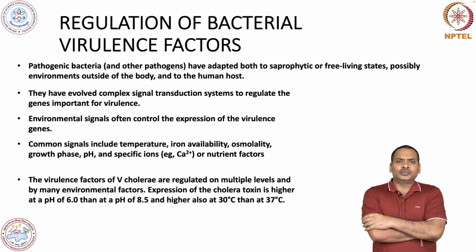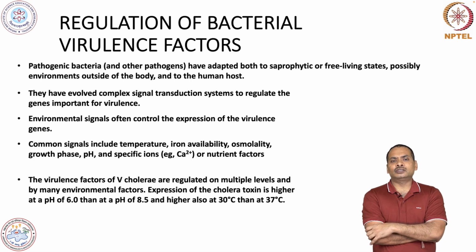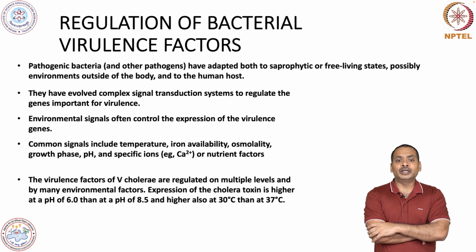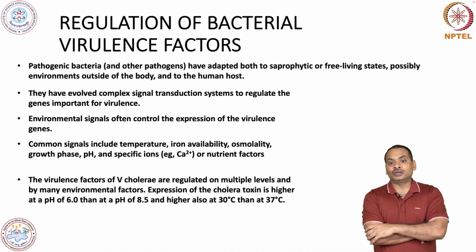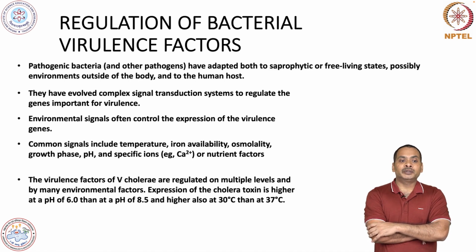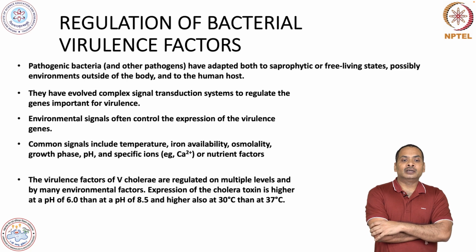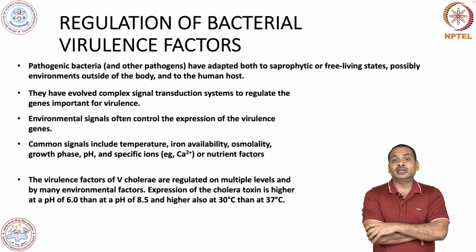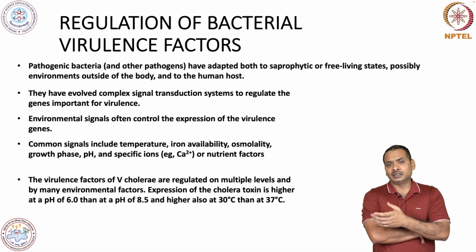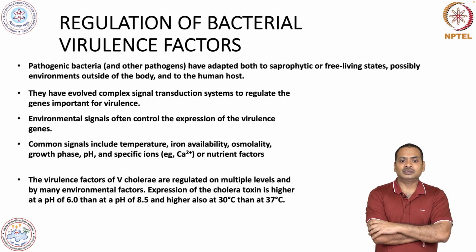Here I am giving one example. Virulence factors of Vibrio cholerae are regulated on multiple levels and by many environmental factors. Expression of cholera toxin is higher at pH 6 than pH 8.5, and it is also higher at 30 degrees centigrade than at 37 degrees centigrade.